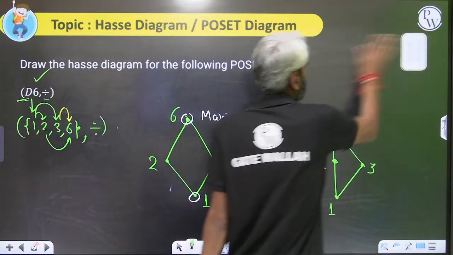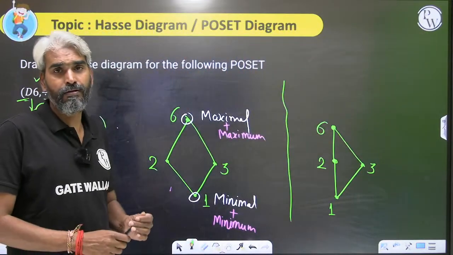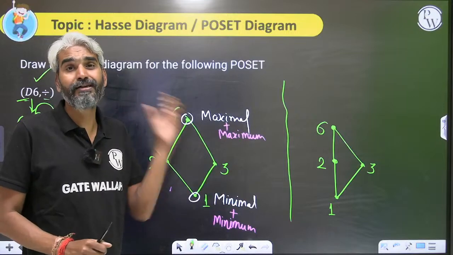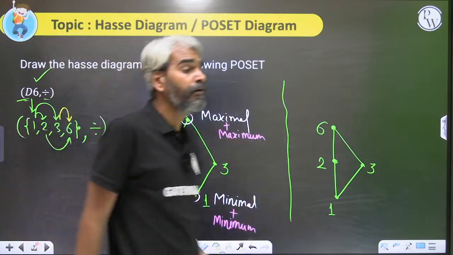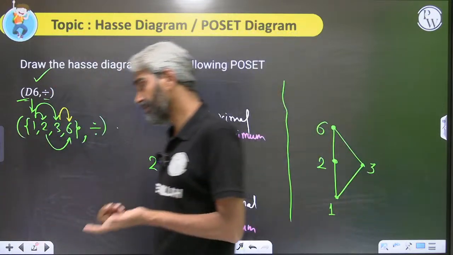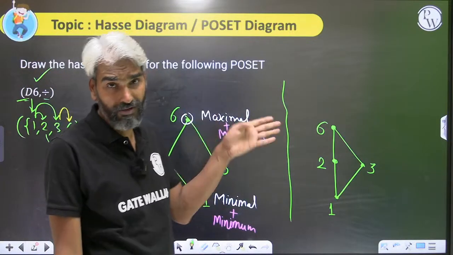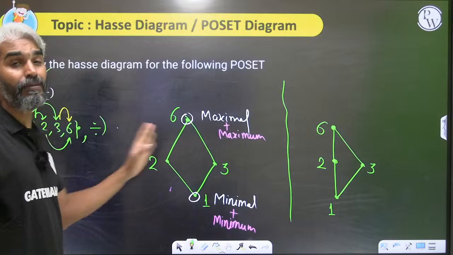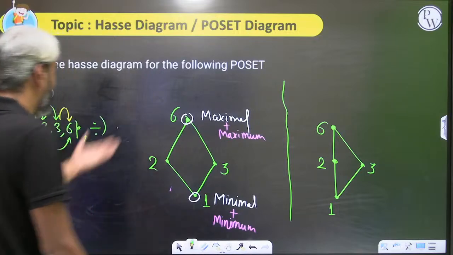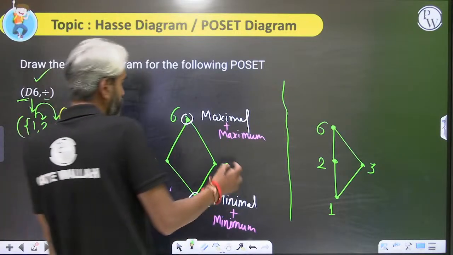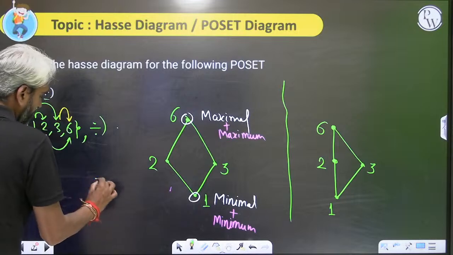You don't need to think too much about that particular set, because in the set of all the divisors of n, for every pair of elements, the least upper bound will exist and the greatest lower bound will exist. Therefore, that poset will always be a lattice. So that's also a lattice.